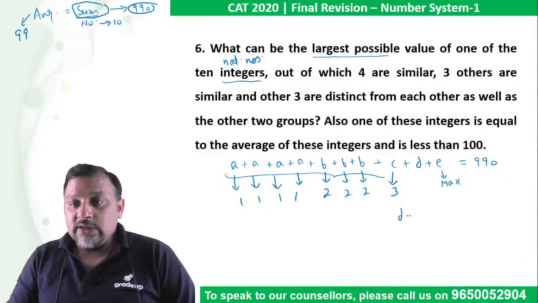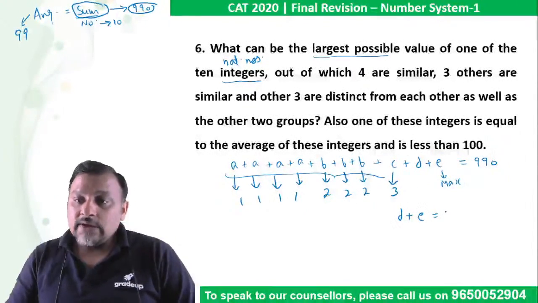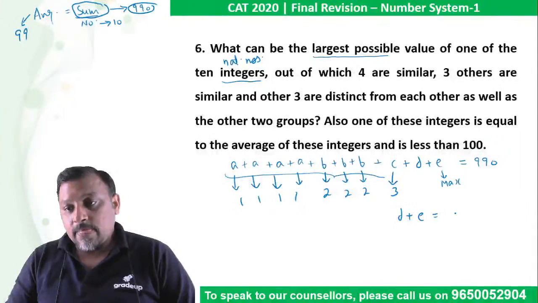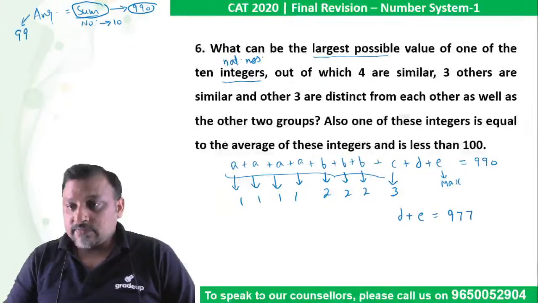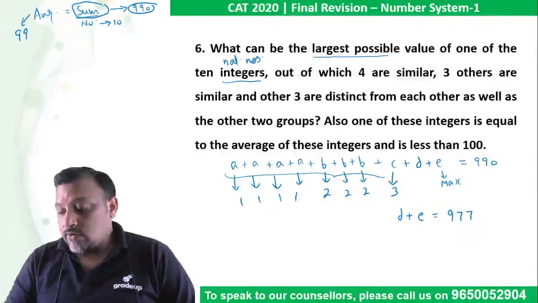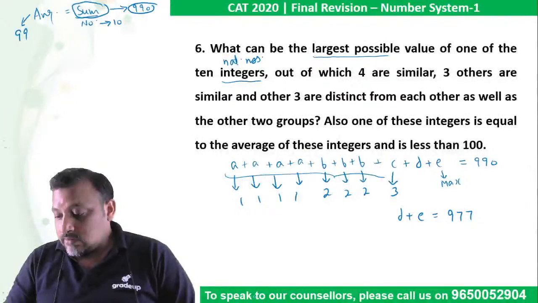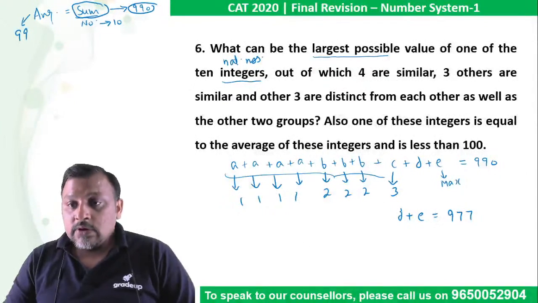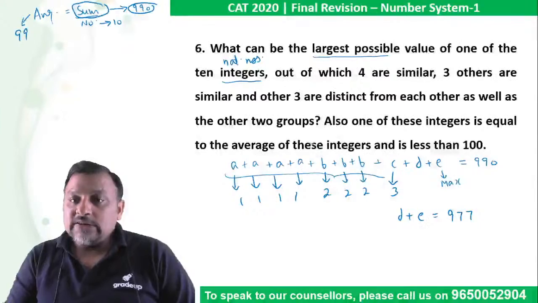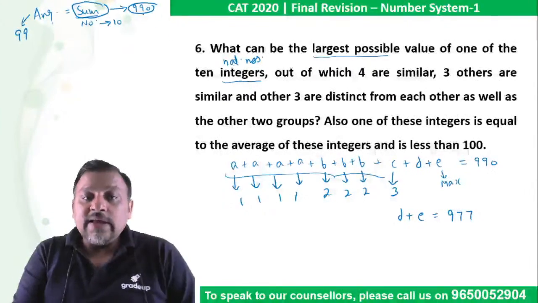So that means D plus E is this. And it is given one of the numbers is equal to the average. So we have taken the average as 99.